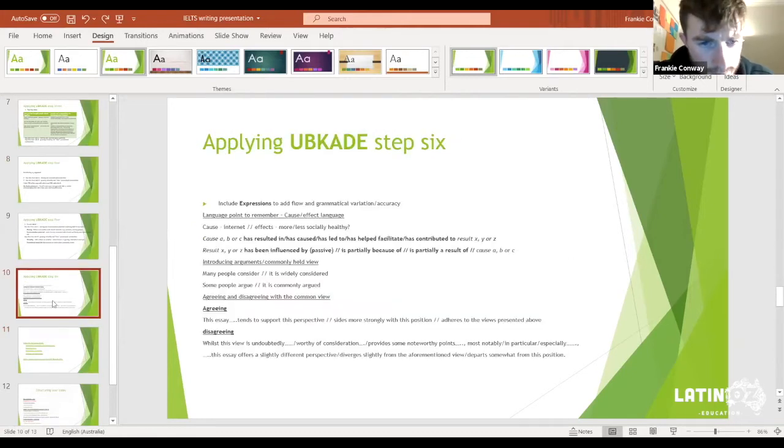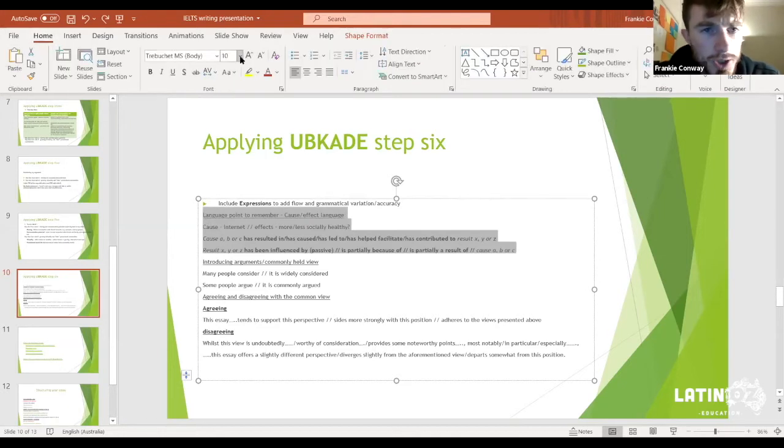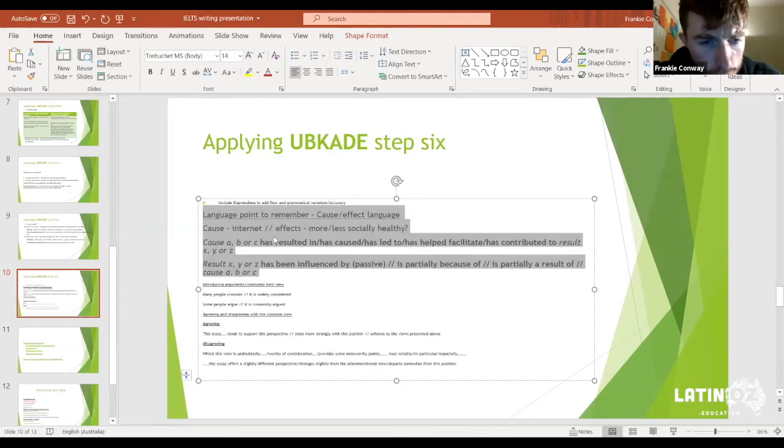So step 6, guys, is some expressions that might help with my argument. This question is looking at cause-effect language. I'm just going to make this a bit bigger while I explain that. The cause that we're looking at, people, is the internet.